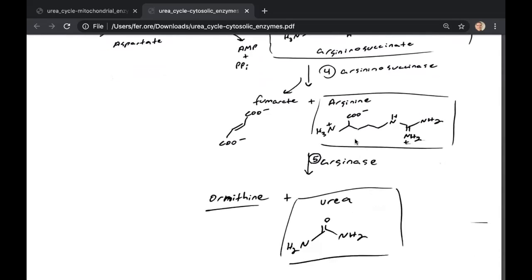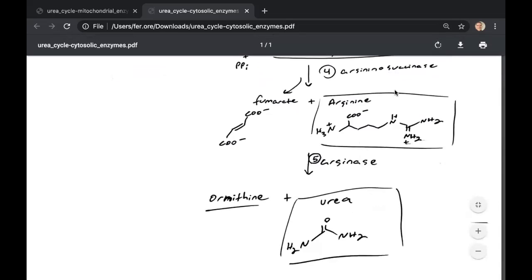So arginase, like argininosuccinase, is going to cleave this molecule and produce ornithine and urea. So our final product, urea, can finally be excreted in urine, and ornithine, which can actually feed back and help this cycle keep going.